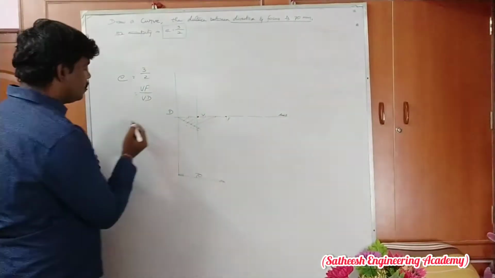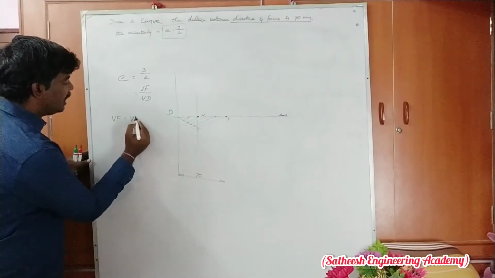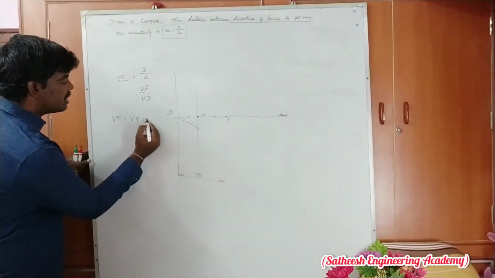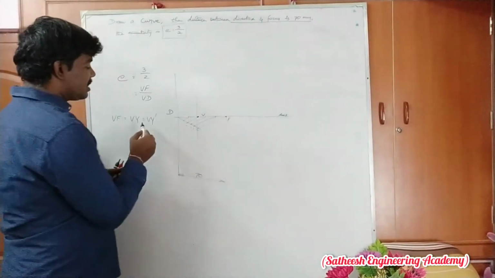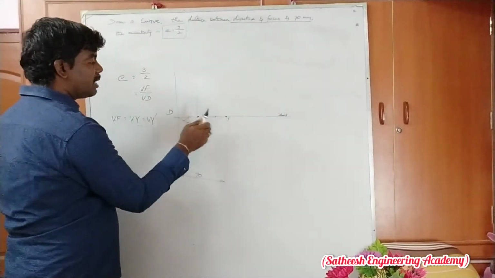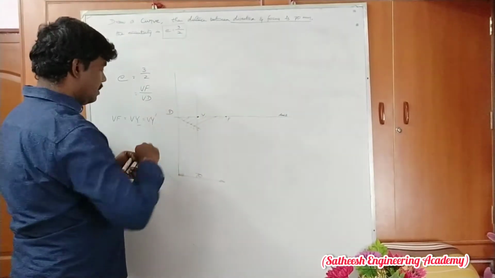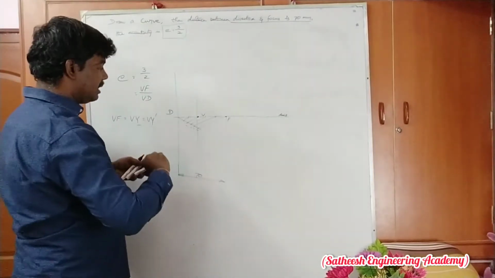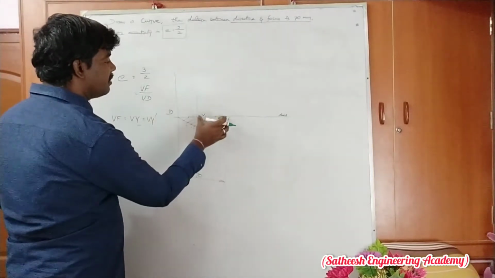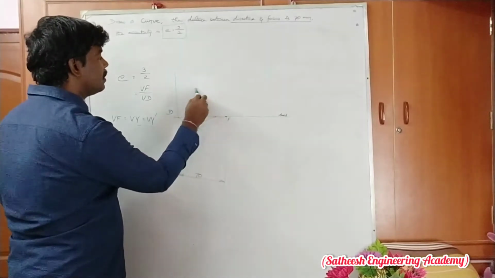Clear. Next, you know that the VF distance is equal to the VY distance, equal to the VY dash distance. So where are Y and Y dash? You mark the VF distance, intersecting arc on the line passing through V and parallel to the directrix. You mark it, VF distance is equal to here.